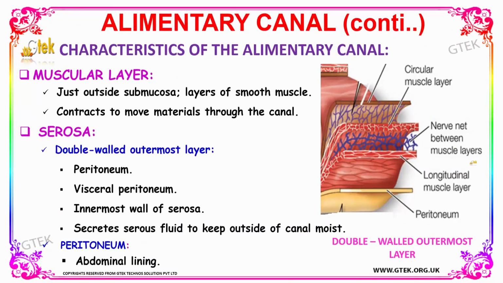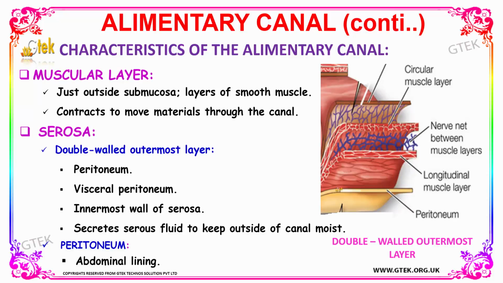Next we have the muscular layer, which is just outside the submucosa. Your muscular layer has a set of smooth muscles which contract to move the materials through the canal. Outside your muscular layer you have the serosa, which is a double-walled outermost layer. It includes the peritoneum.